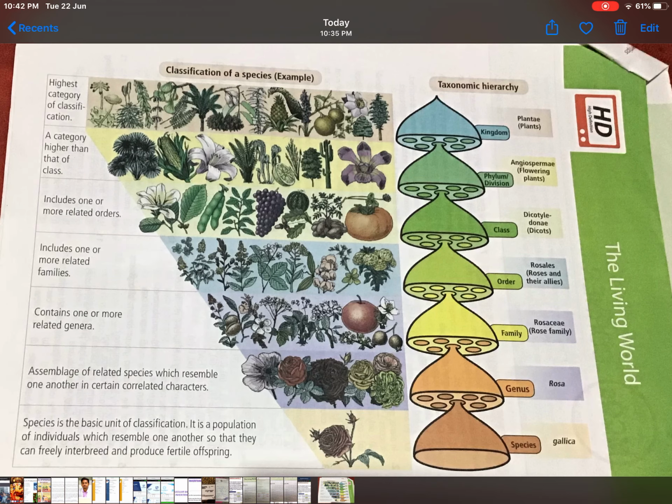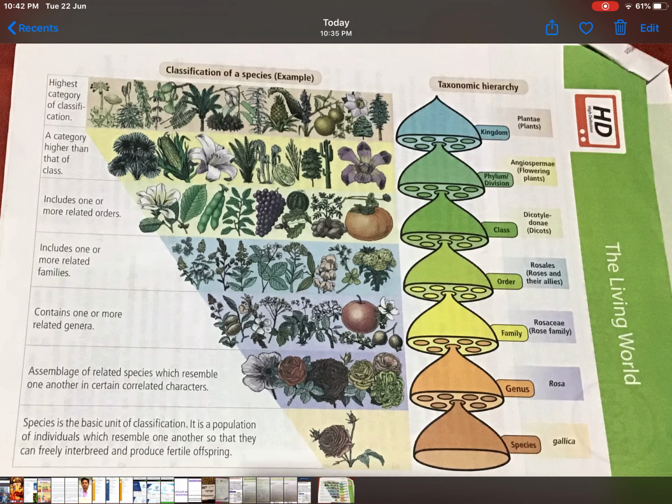Yesterday we said that in junior classes we define species as a group of organisms that have a common habitat, live in a particular place, exhibit similar characters, and are able to reproduce among themselves to produce a similar kind. So when we say gallica is species, it means it is the basic unit of classification, the lowest taxon in the taxonomical hierarchy, and it is a population of individuals which resemble one another.